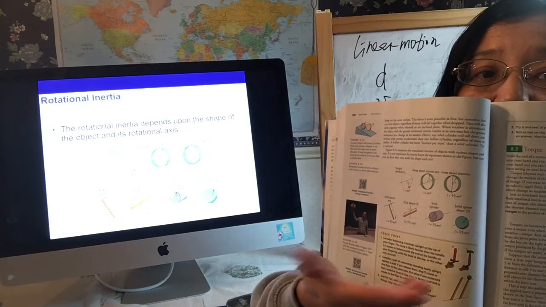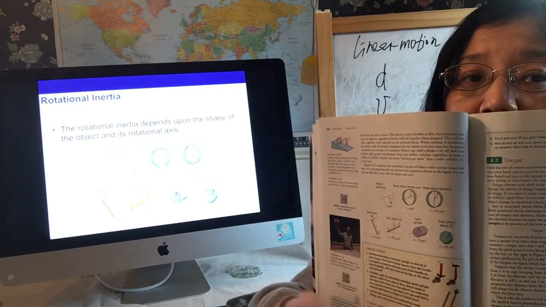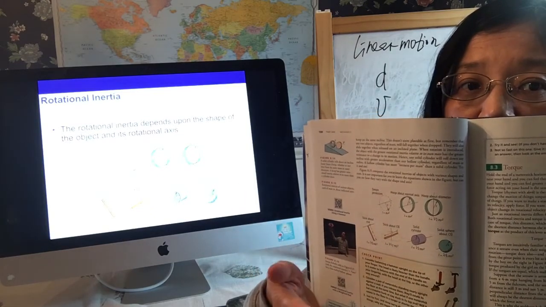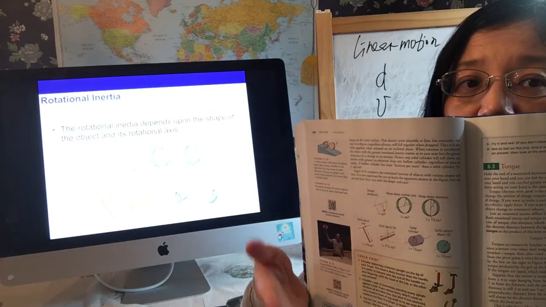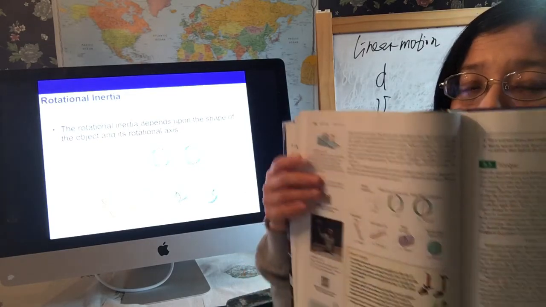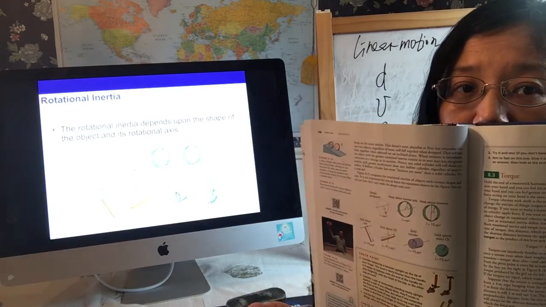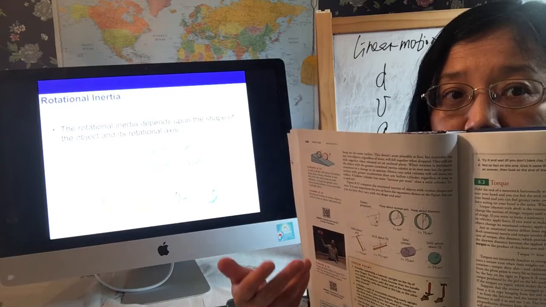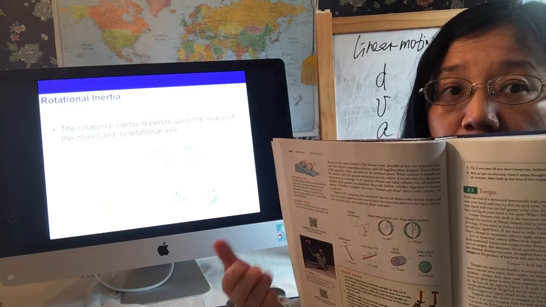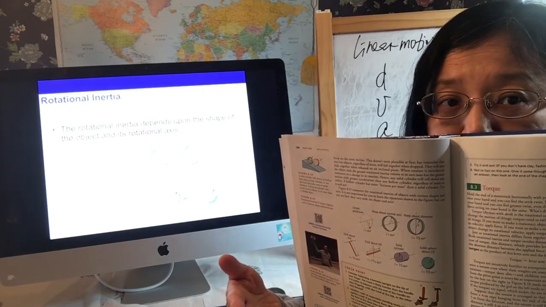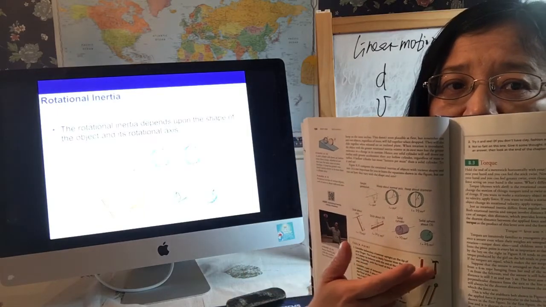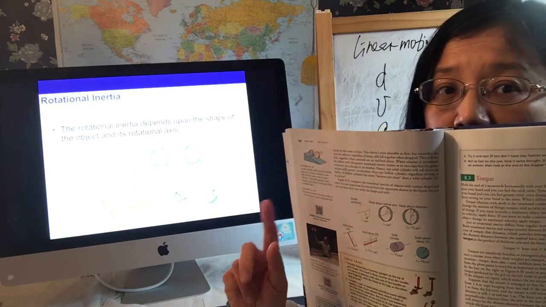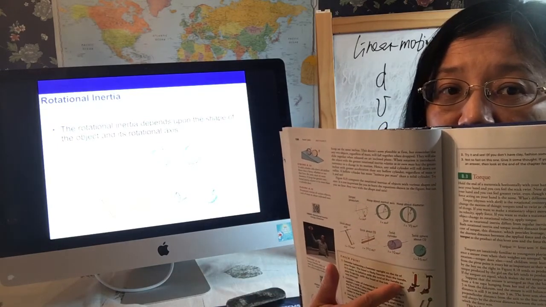If you want to balance the hammer, you want to keep the hammer at rest. You don't want the hammer to rotate. So if you want to balance that, you want to make sure the rotational inertia is bigger. When the rotational inertia is bigger, it's going to be harder for the hammer to rotate. So which case has greater rotational inertia? Remember, rotational inertia depends on the mass, but in these two cases, the mass is the same.